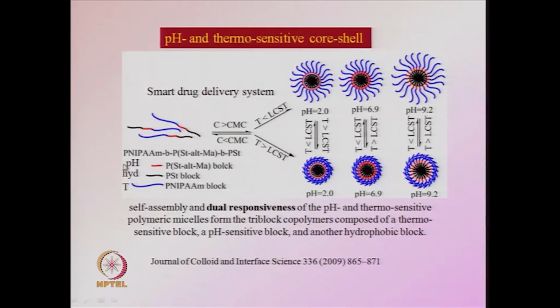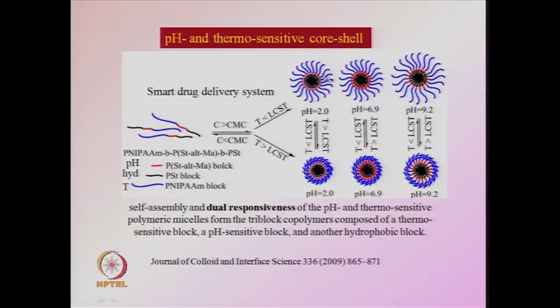One of them is pH sensitive, one is temperature sensitive, the third one is more hydrophobic in nature. So, a combination of these, if you take and you increase the concentration beyond a certain concentration, which is called the critical micellar concentration, then these chains agglomerate and form this kind of self assembled structures.